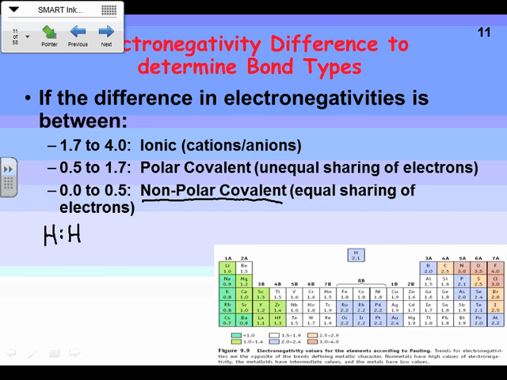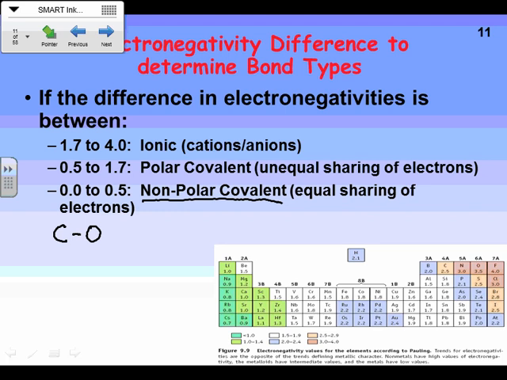But let's say you have something like, let's see if this is going to work. Well, that's pretty close. Okay, let's try CO, carbon and oxygen, carbon monoxide. So if you've got something like CO, okay, there's a bond there.